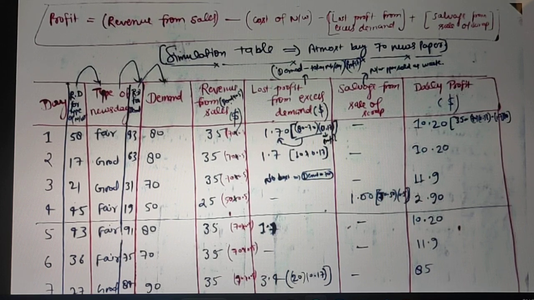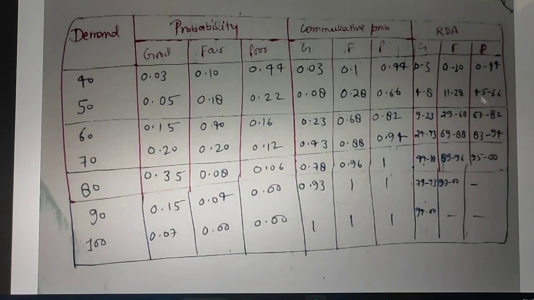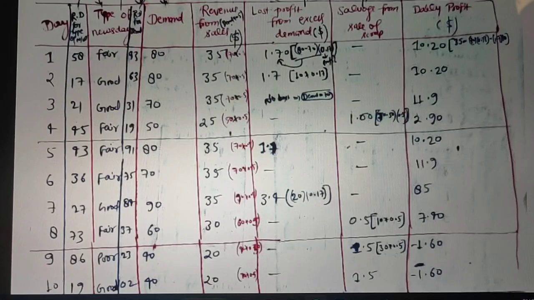So we search for which range 93 lies in the fair section. 93 lies in this range, so accordingly the demand for fair is 80. We write this in this section. Now we have to calculate the revenue from the total, what we get as revenue.